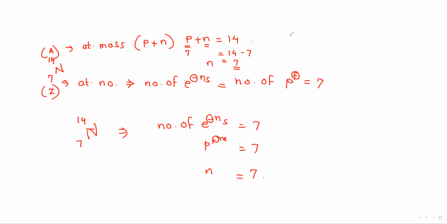We will see one more example. Next, I will take oxygen. The representation is 8 oxygen 16, which means 16 is the atomic mass number, which is protons plus neutrons equal to 16. What is 8? Z, the atomic number, is 8, which means the number of electrons equals the number of protons equals 8.